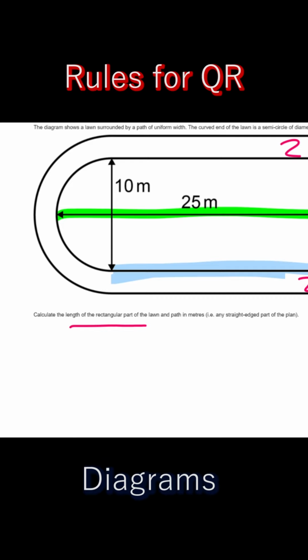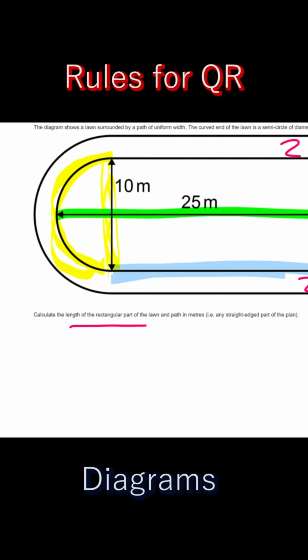Now the fact of the matter is, the diameter here, because this curved part that I'm now going to highlight in yellow is the curved part, right? And this curved part is part of a circle, a semicircle. Ergo, this 10 here is the diameter.